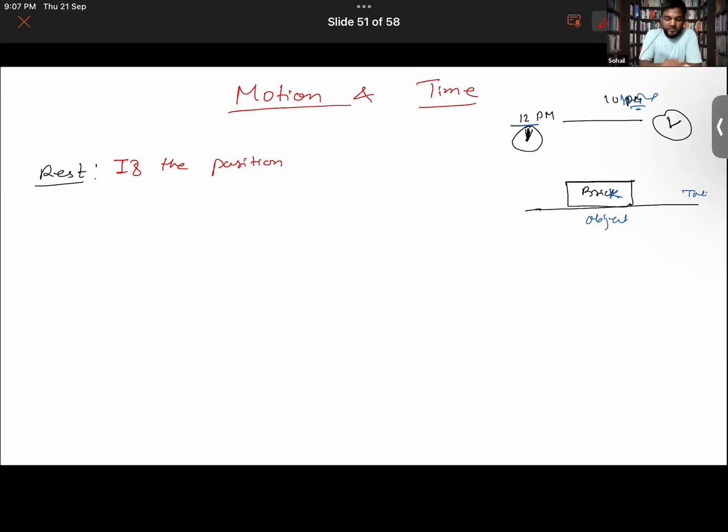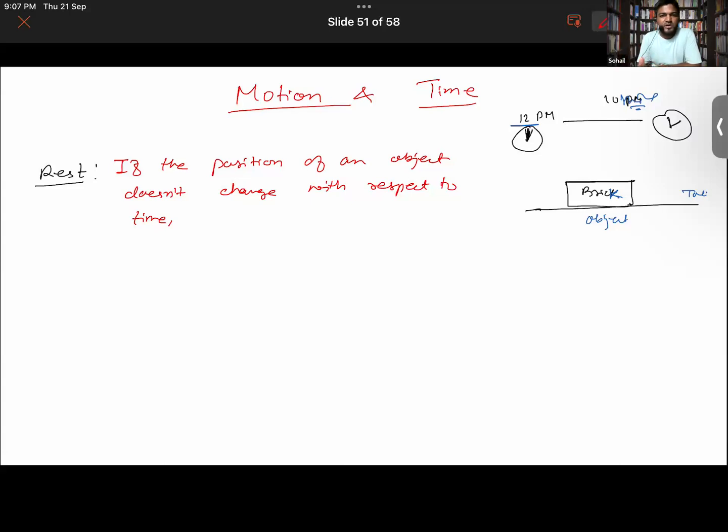So if the position of an object does not change with respect to time, does time have a limit or not? No, it does not mean the time has to have a limit. Even if the time is just 30 seconds, if the object has not changed its position, then I will say that this object during this time was at a stationary position, at the state of rest.